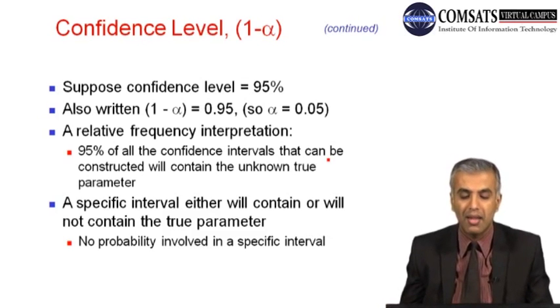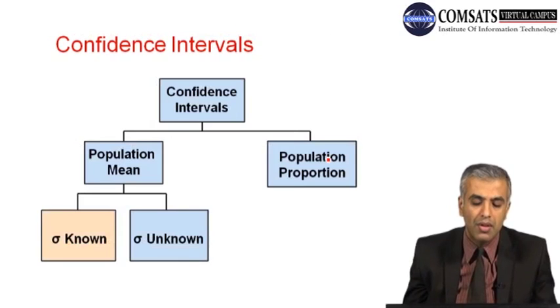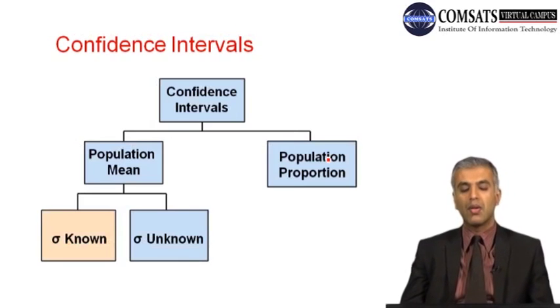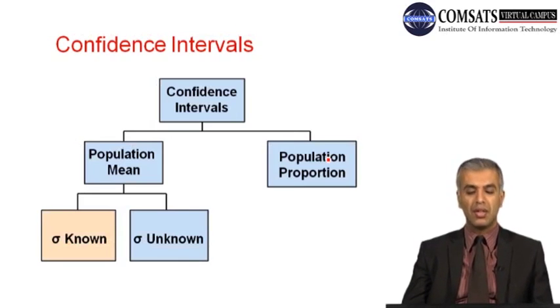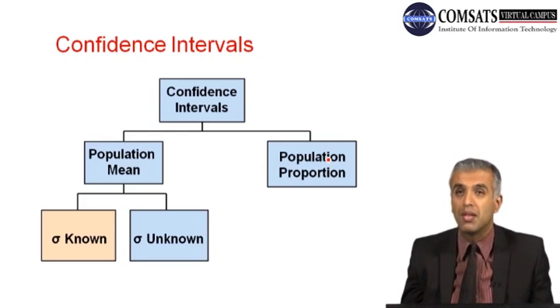Then we have two options in which a confidence interval can be calculated. In one case the population standard deviation is known, and on the other hand it is unknown. We also have the population proportion, which is presently not in our scope.